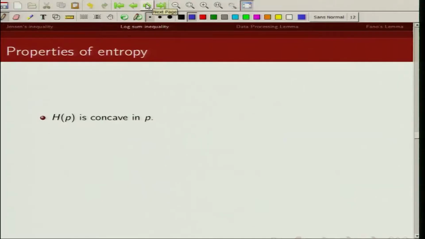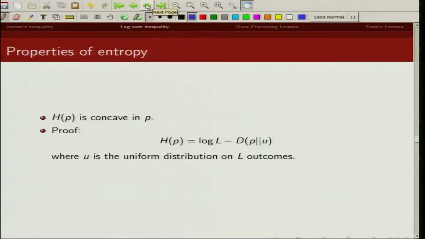Now let us use these results to prove some more results on concavity and convexity. So let us prove that entropy is a concave function of P. In the previous lecture, when we defined the divergence between two random variables x and x hat, where x hat was uniformly distributed, we showed that the entropy of P is basically log of L minus the divergence between P and the uniform distribution. Now we have already shown in the previous slide that the divergence function is a convex function.